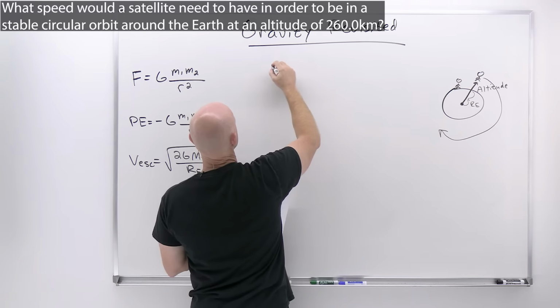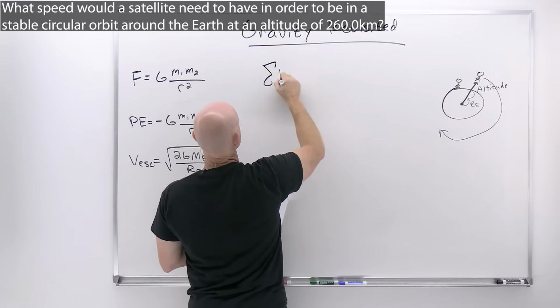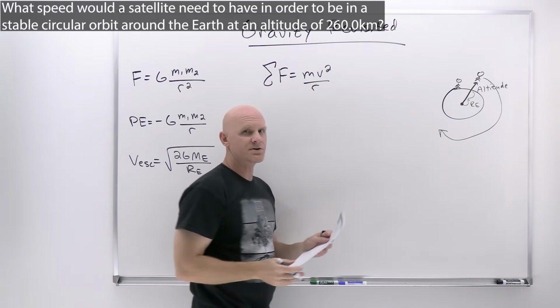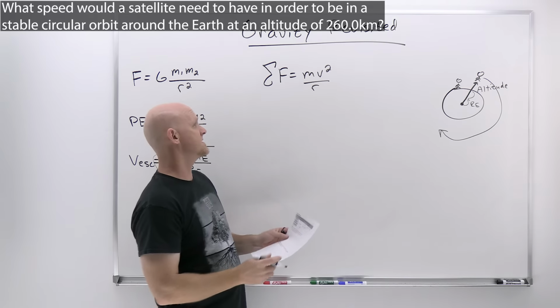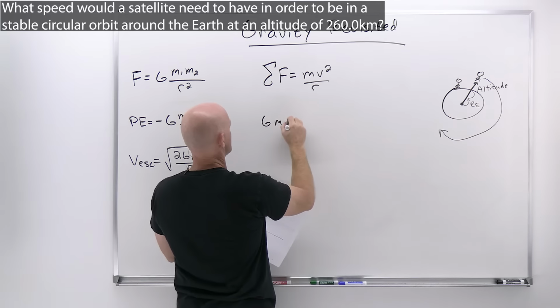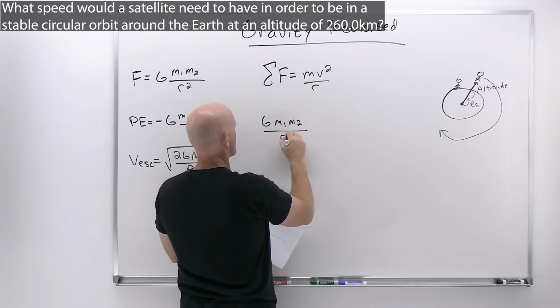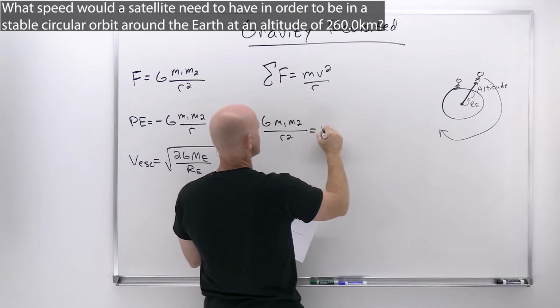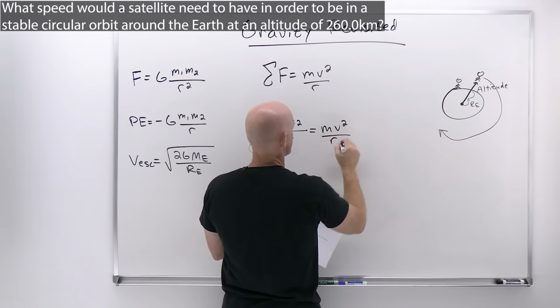And in uniform circular motion, the sum of the forces equals mv squared over r. So that's your centripetal force. In this case, it's gravity, right? And gravity is G m1 m2 over r squared. And that force equals, it's the only force, so the sum of the forces, mv squared over r.